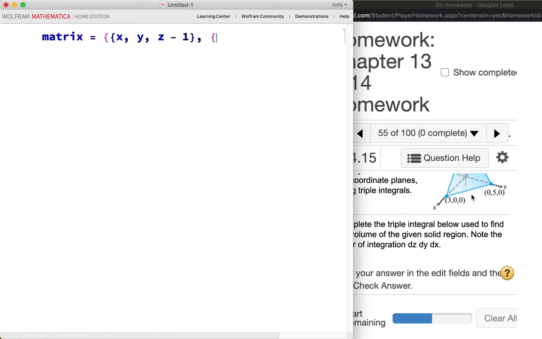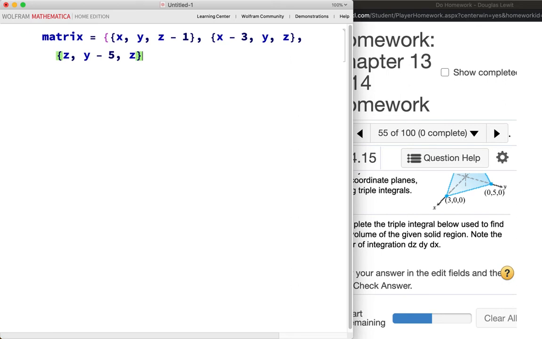And I'm going to look at this point right here, 3, 0, 0: x minus 3, y minus 0, z minus 0. And then this point right over here.